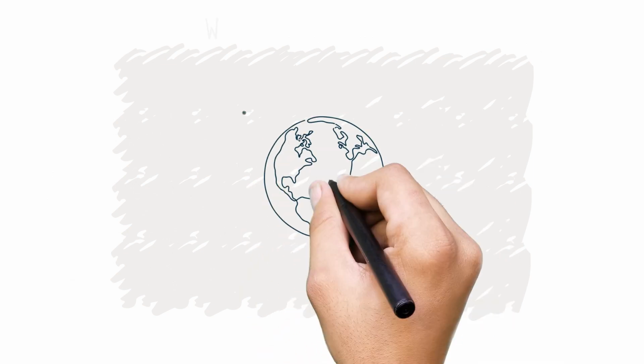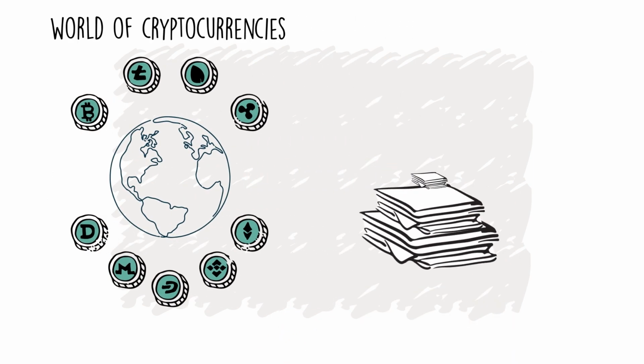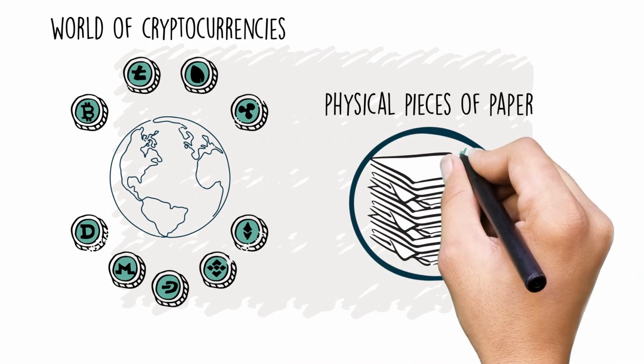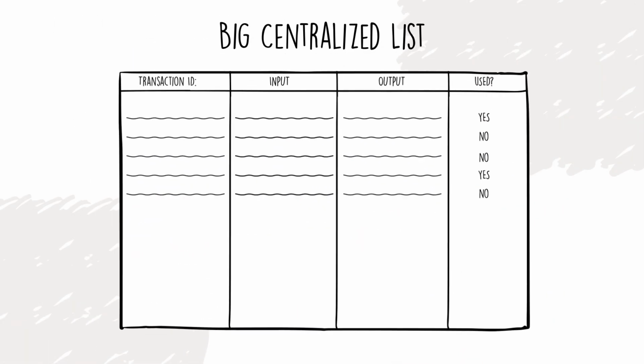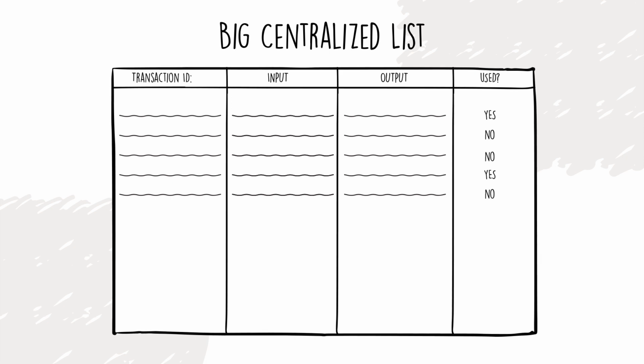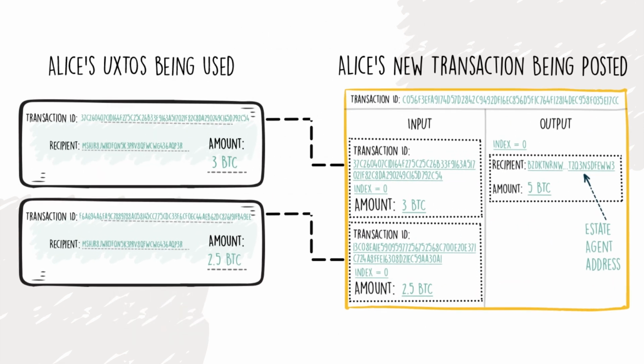In the world of cryptocurrencies, we obviously don't have physical pieces of paper to serve as paper checks. Instead, we have a big centralized list that everyone can read and keeps track of an append-only log of all transactions. So, what is to stop a bad guy from creating a transaction that uses Alice's UTXOs as the input?